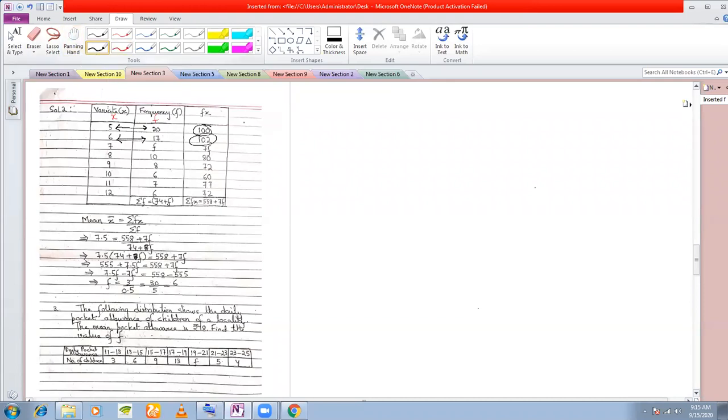Now, once you have calculated this, what you know is that the mean for an ungrouped frequency distribution by the direct method is equal to sigma fx divided by sigma f. This is the formula that we know. So we need to calculate sigma fx. Sigma fx is nothing but the total of this column for fx.